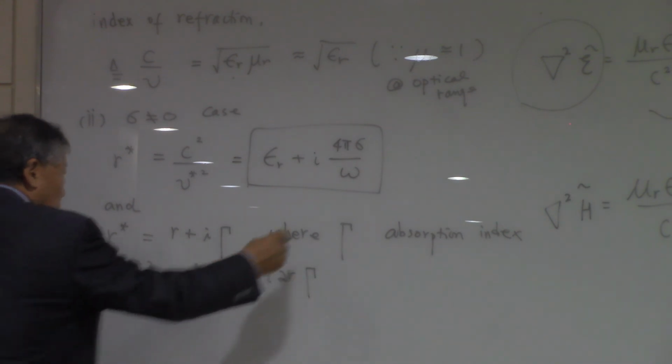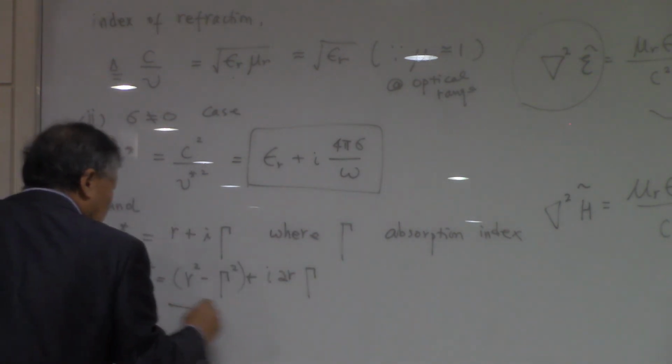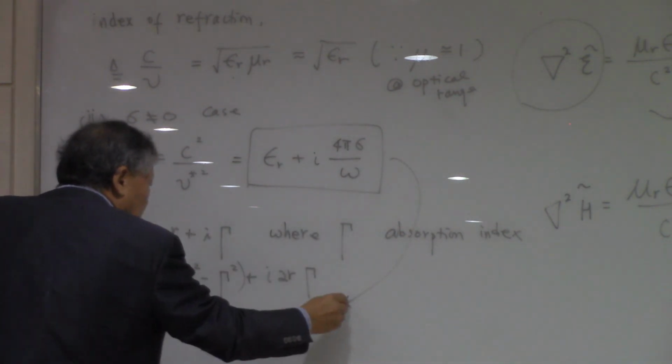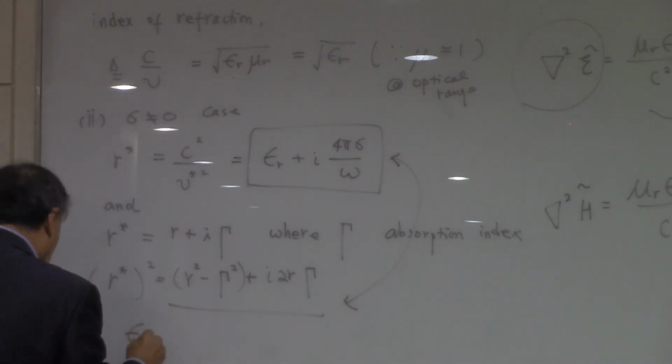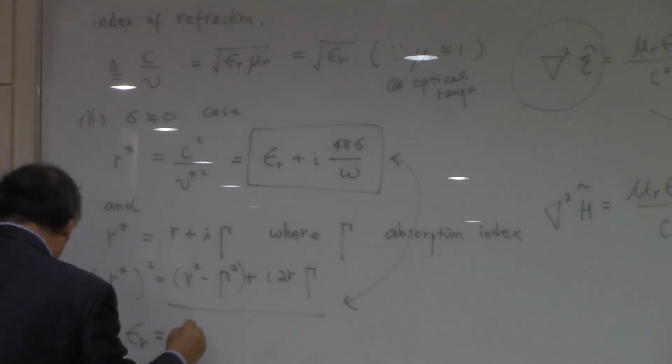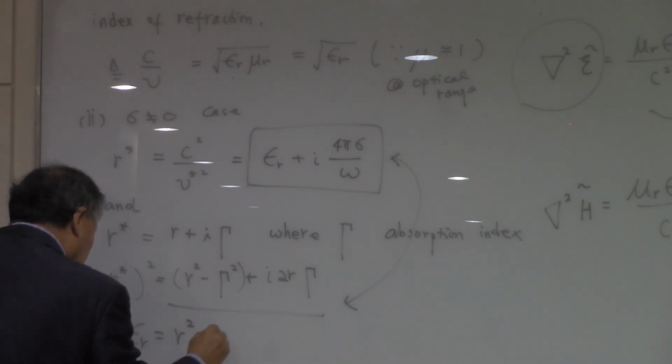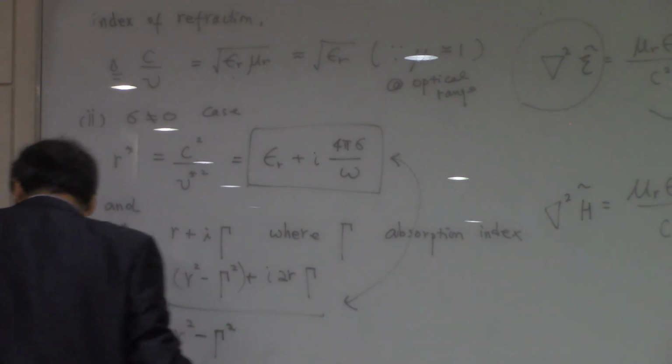So if you equate these two things together, then you see the dielectric constant is going to be n square minus gamma square, okay?